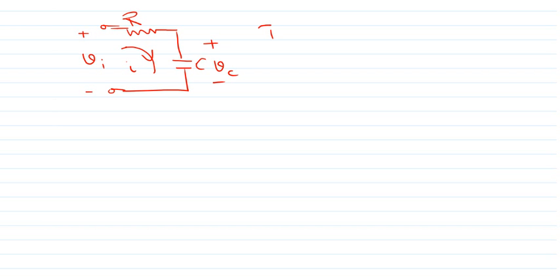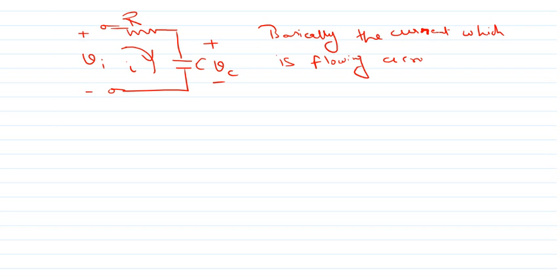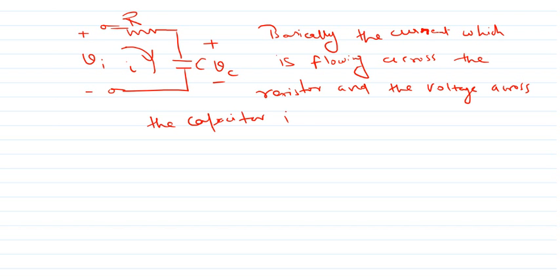So basically you can say that the current flowing across the resistor and the voltage across the capacitor are signals.